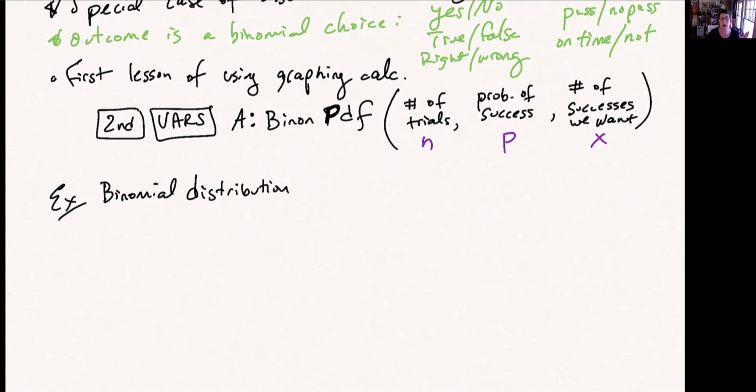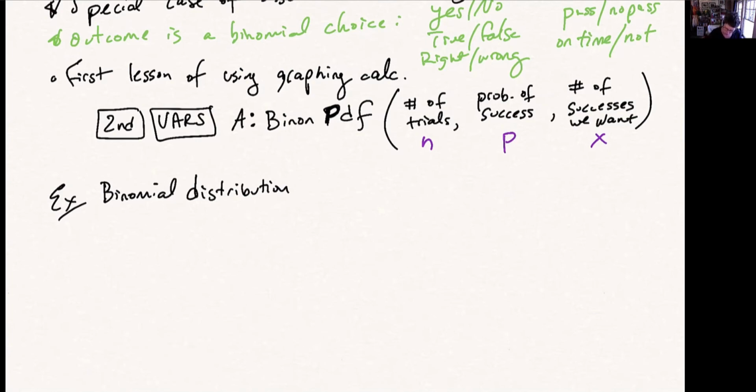Sometimes you will. If you think about it, you'll say, oh yeah, that's right, it's asking me about right or wrong, it's a binomial. But I don't want you to have to guess and then get it wrong. I want to test you on your ability to answer the questions about binomial distributions. So I will always tell you it is a binomial distribution, it's a normal distribution, it's a discrete probability distribution. I will tell you those things, okay?